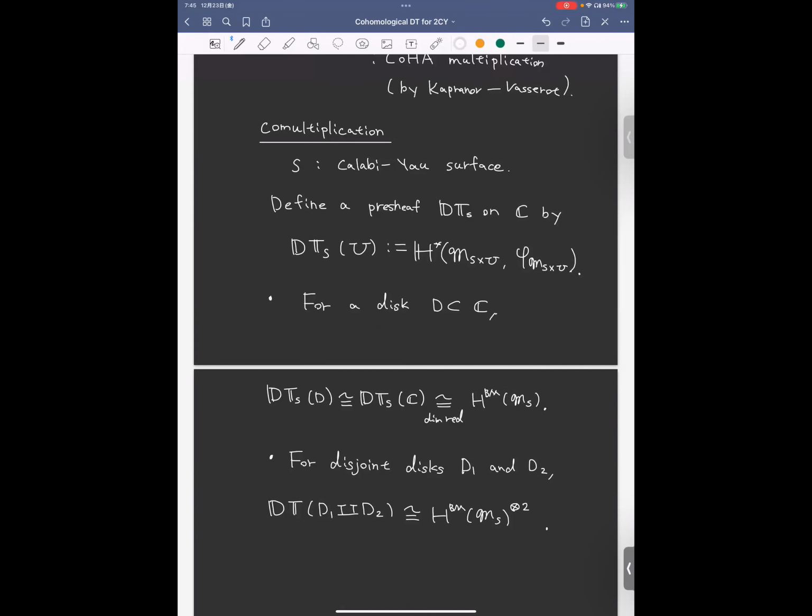Okay, this theorem essentially follows from the Thom-Sebastiani theorem.